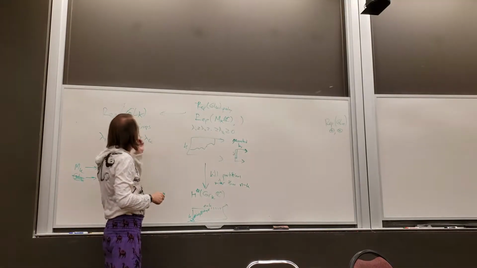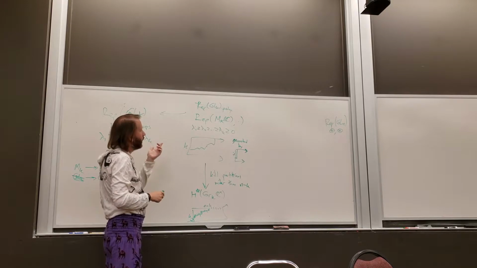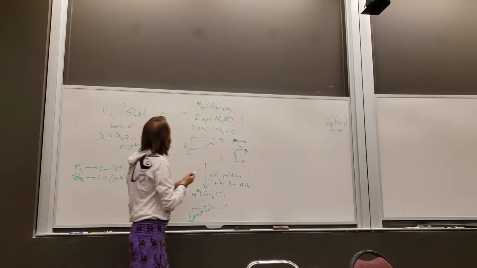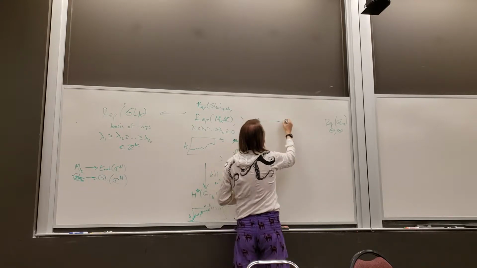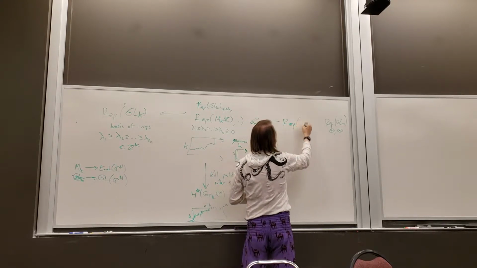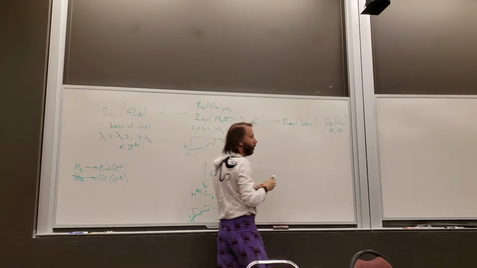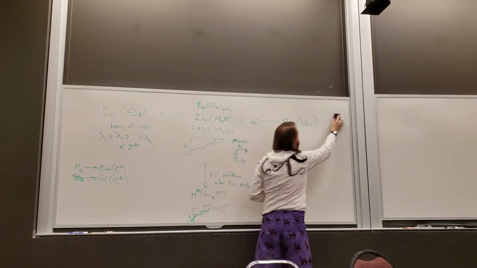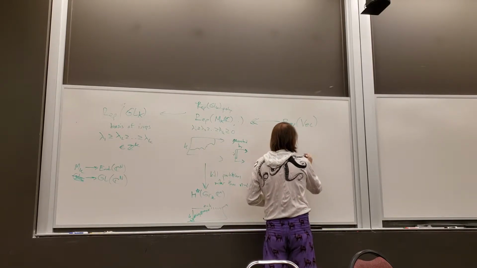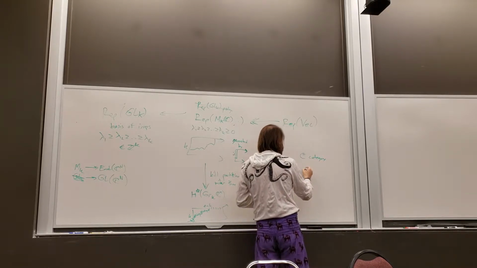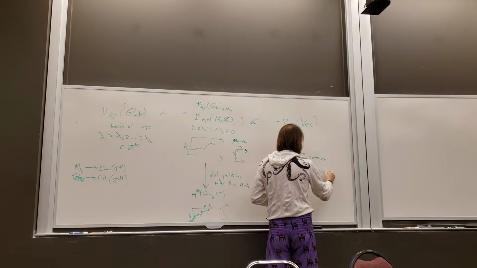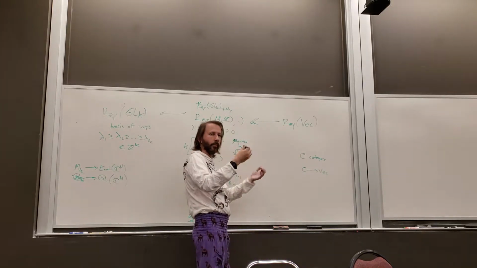So there is one more ring I'd like to bring into play here, which is the representation ring of Vec. So what does that mean? In general, if you have some category C, then you can think about functors from that category to Vec, and I will call those representations.